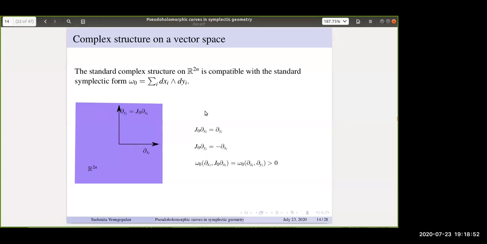With this choice of standard J, you can see that the tameness condition is satisfied. That is, if you take the input partial x_i comma J_0 partial x_i and act upon it with omega_0, that changes to omega_0 applied on partial x_i comma partial y_i, and that's positive.